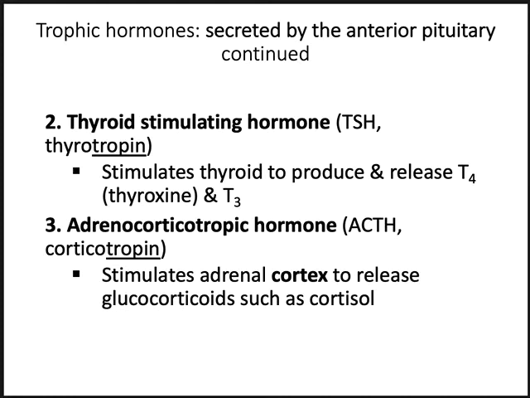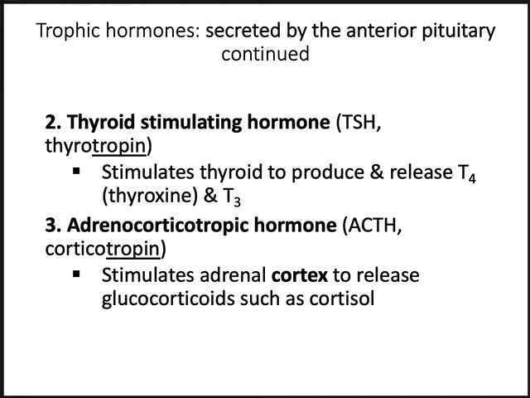Adrenocorticotropic hormone stimulates the adrenal cortex to release glucocorticoids such as cortisol. The production of ACTH is regulated by the hypothalamus, as are all the other hormones that we've talked about so far. The hypothalamus specifically will release corticotropin releasing hormone, abbreviated CRH.